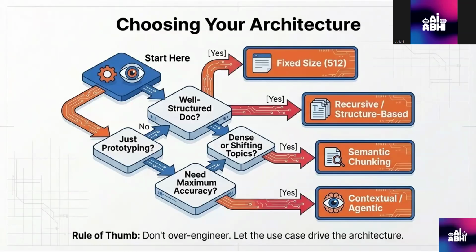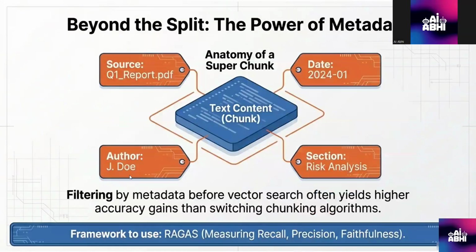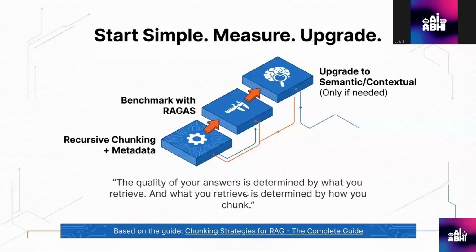So the single improvement that can outperform switching to a more complex chunking method is adding this metadata. So we can filter using the metadata, and frameworks like Ragas and Langsmith can also be used to get all this recall, precision, faithfulness, etc.